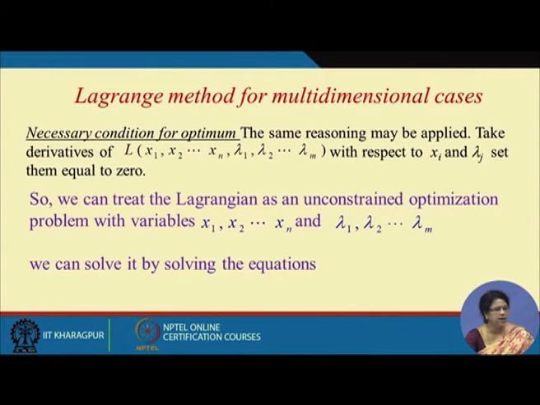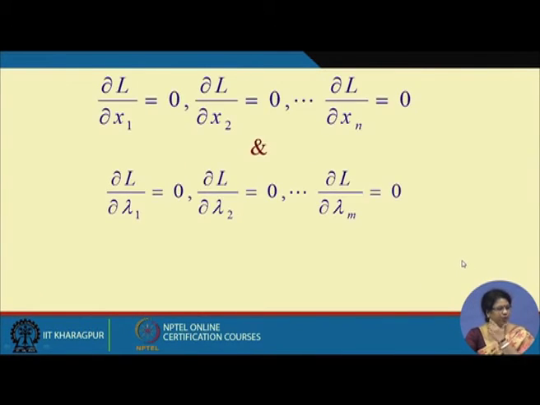How many equations will we get from the necessary conditions? We will get m plus n equations and m plus n variables. From there we can find the solution, easily or in a very complicated way, but at least we will get a solution. That is fine. These are the necessary conditions.